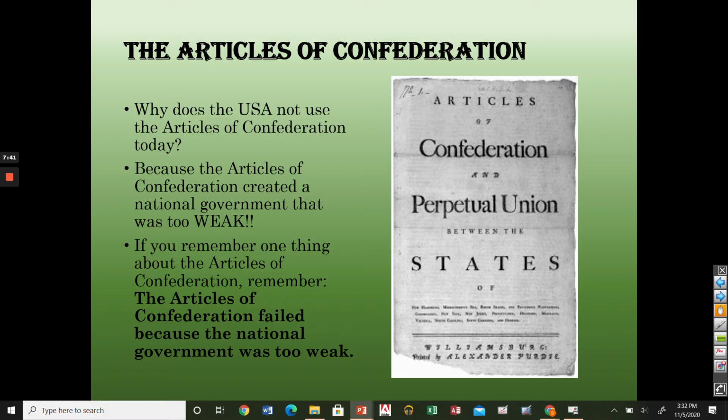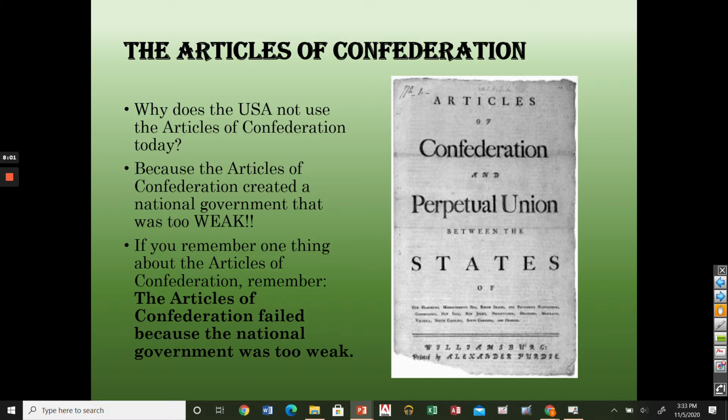Because remember, the states and the state legislatures and the governors of those states didn't want to share their power with the national government. They were fighting a war because of this supposed tyrannical national government over in London. They didn't want to replace it with another strong national government in America.